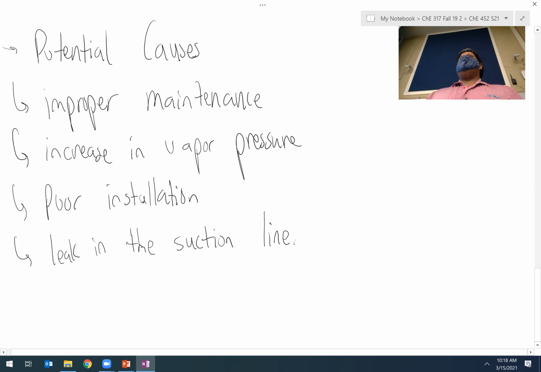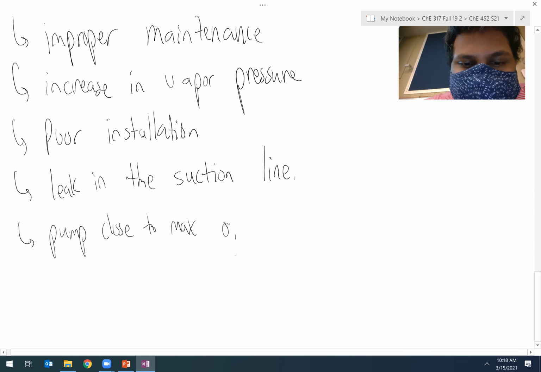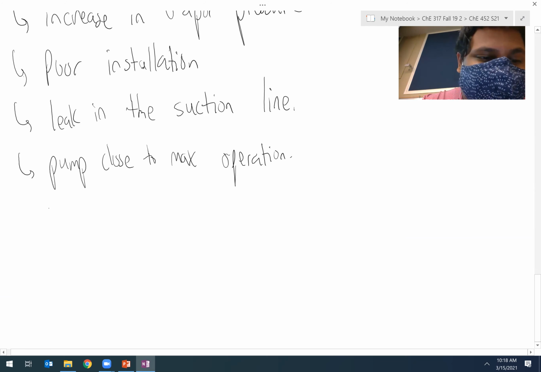All right. Go ahead. Maybe the pump's already operating too close to the point of maximum operation, so that fluctuations in temperature cause cavitation issues. Okay. So we're working the pump too hard. All right, flow rate too high.